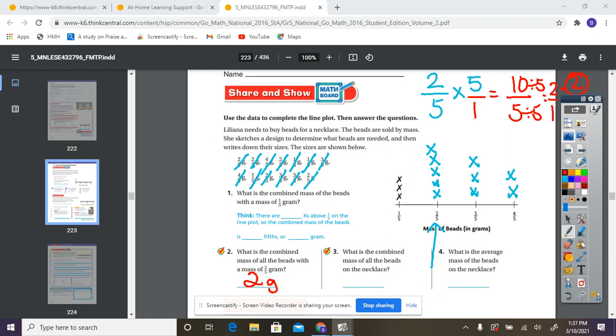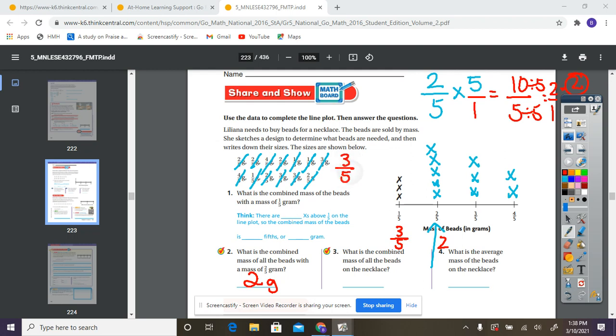What is the combined mass of all the beads on the necklace? If I have 1/5 plus 1/5 plus 1/5, that is equal to 3/5, right? We already decided that the 2/5 times 5 is 2. So now 3/5 plus 3/5 plus 3/5 is what we need to solve next.